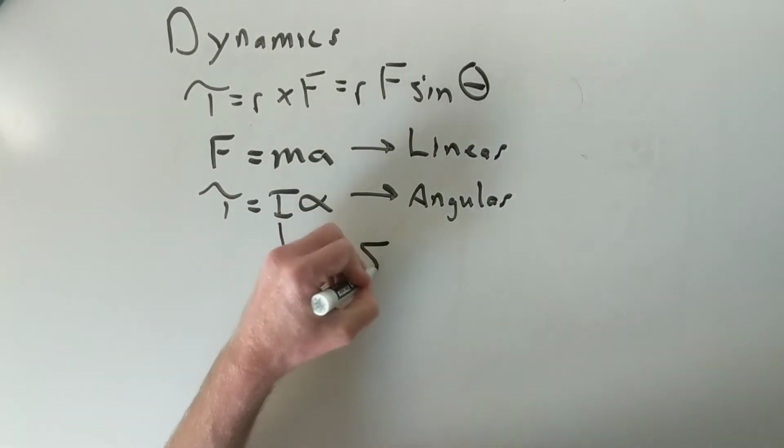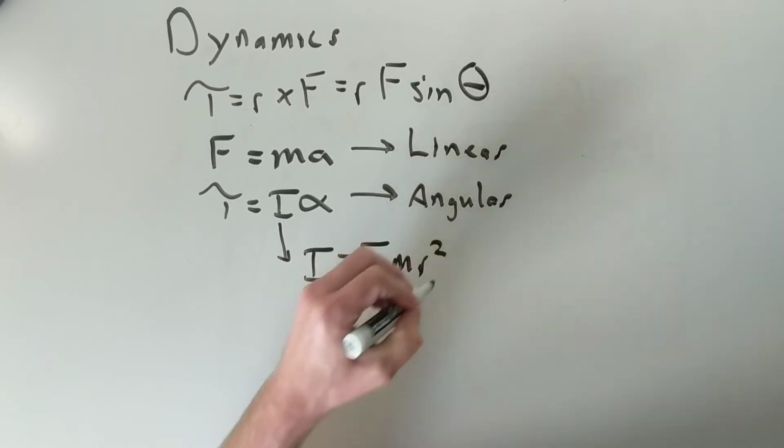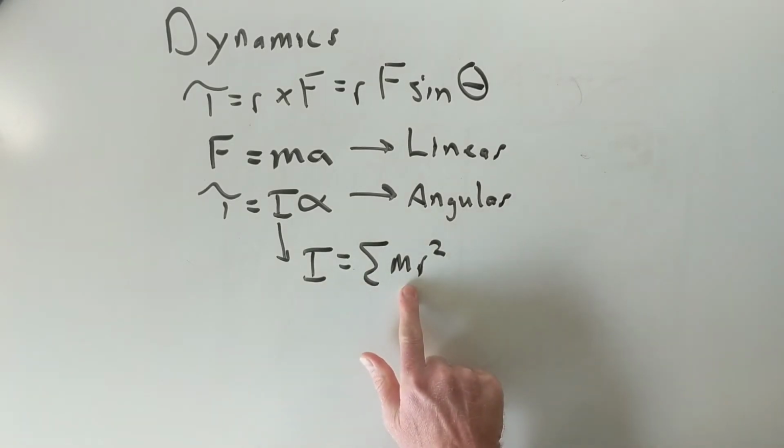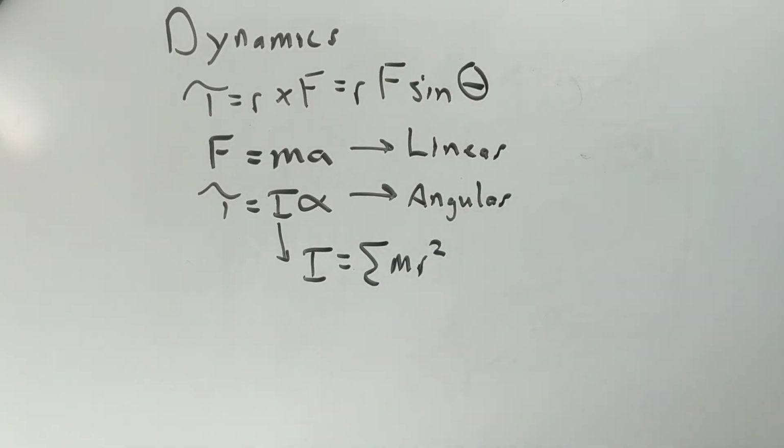Moment of inertia is the rotational version of mass. It's how difficult it is to rotate something. And it's given by the sum of all m r squared. That's for a point mass. However, I would know all of the basic ones. I would have them definitely memorized. That's a hoop, a disc, a sphere, rod with pivot in the middle, rod with pivot at the end.